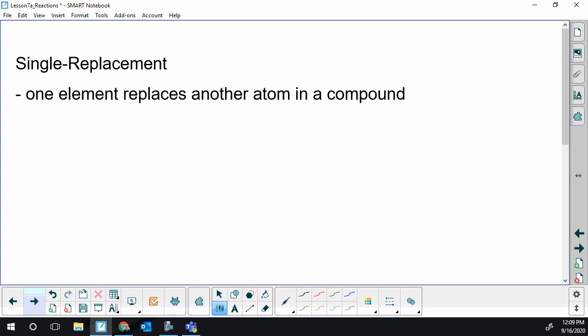One element replaces another atom in a compound. So we have an element and we have a compound.